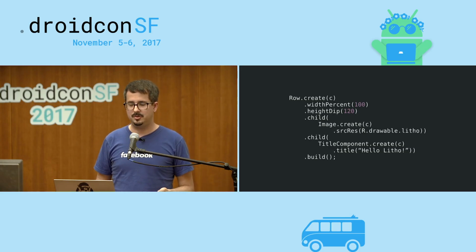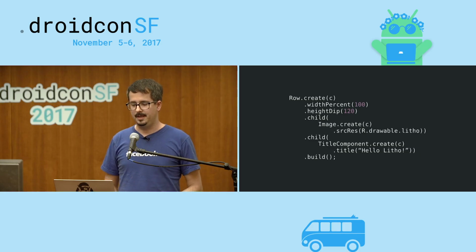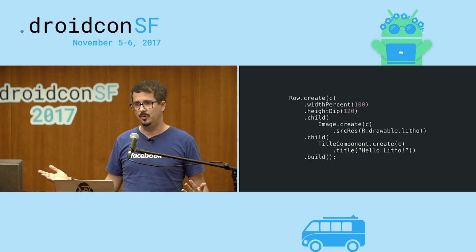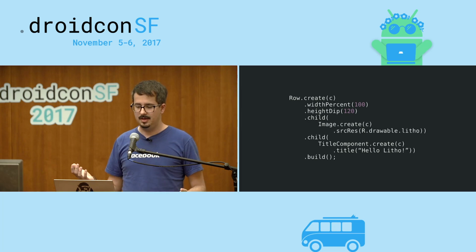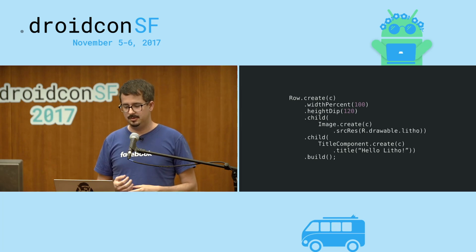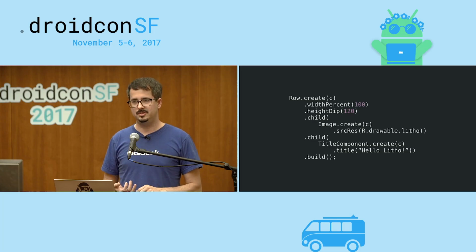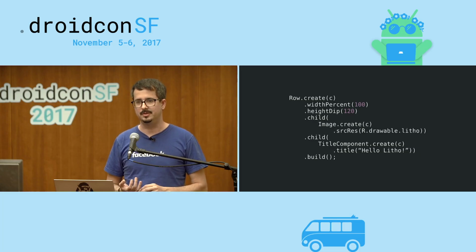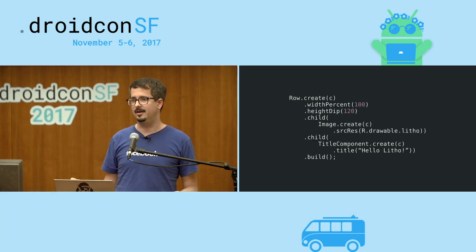In this case, you're creating a row, a horizontal container that is going to take 100% width of whatever parent ends up enclosing this one. The height is going to be 120 dip. And it has two children, an image component, which is built in the framework, and your title component that we just defined. And as you can imagine, this is the content of an onCreateLayout function.